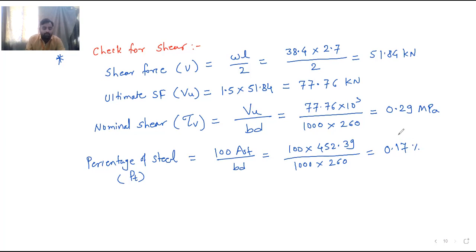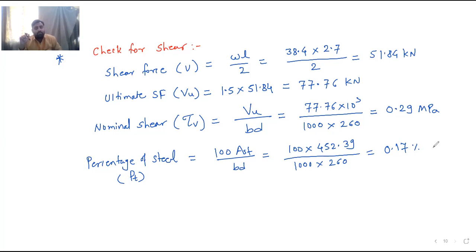And now from the IS code Table number 21, I think page number 72 or 73, refer to that table for the percentage of steel and grade of concrete. The grade of concrete is M20 and the percentage of steel is 0.17.